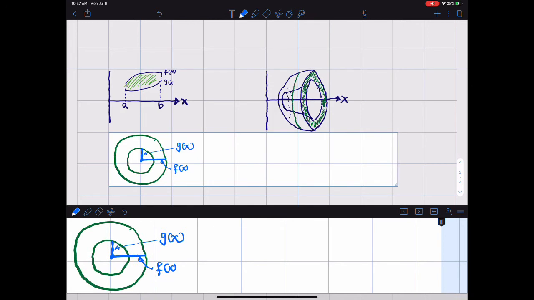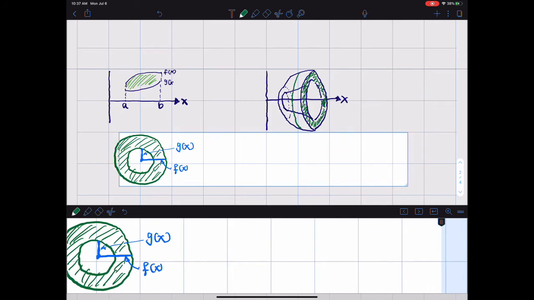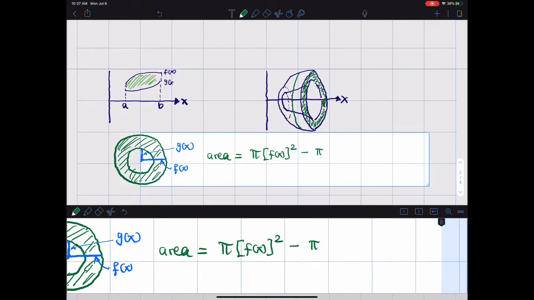So that means that if you're looking for the volume or the area of this little slice that you cut out, the area is going to be the area of the larger circle, which is pi r, no, sorry. Your r here is f of x, pi r squared, area of larger circle, minus the area of the smaller circle, pi r squared, but your r here is g of x.